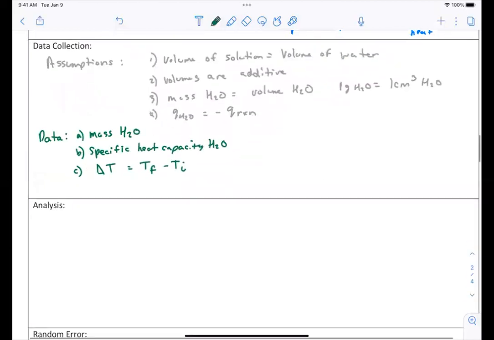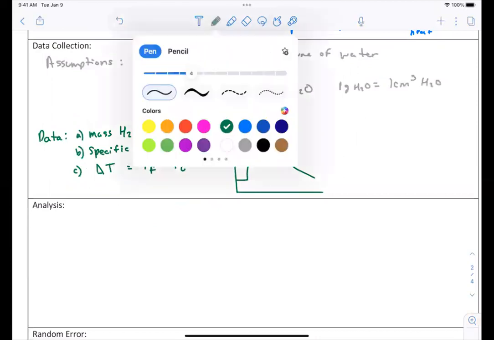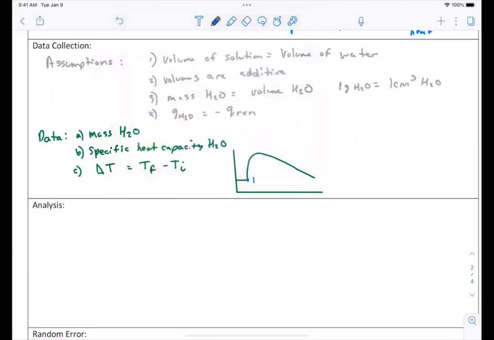Now remember, in some of these reactions, you'll get a graph that looks like this when you're collecting data. What you need to remember is that, yes, this is your initial, but your final is generally drawn like this.